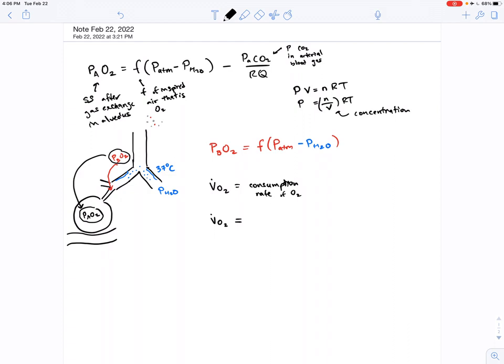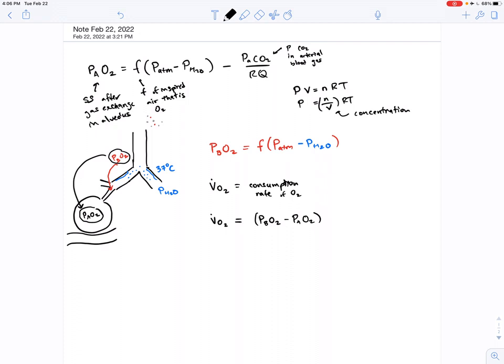Obviously, that's going to be related to our V dot O2. So how do we relate these quantities? Well, the V dot O2 is going to be related to our concentration of inhaled oxygen minus the concentration of oxygen in the alveolus. So the difference between these two is a measure of how much is being consumed.